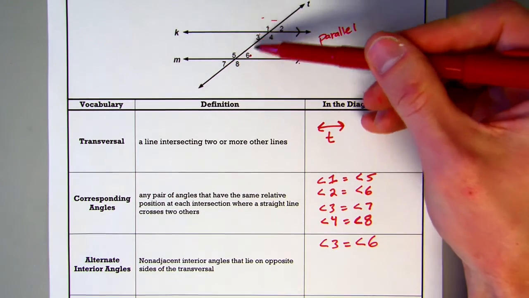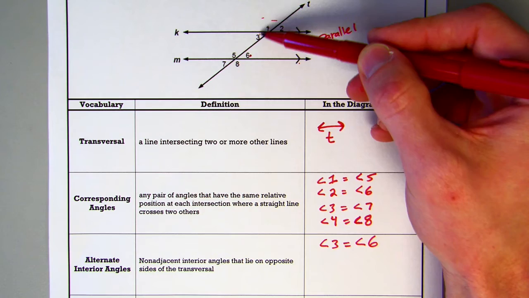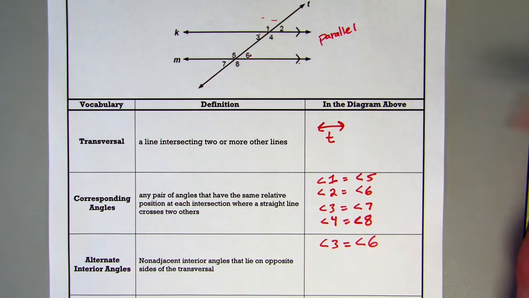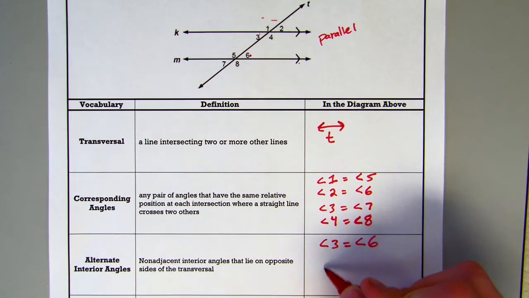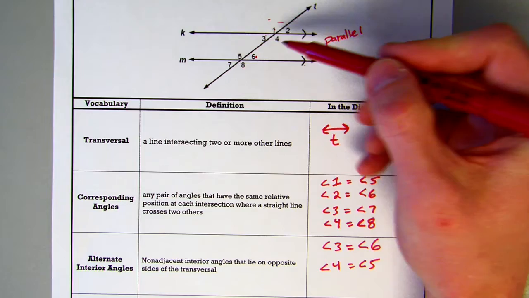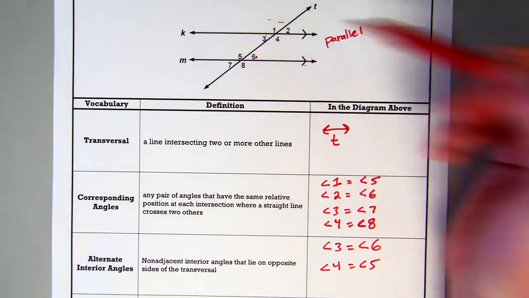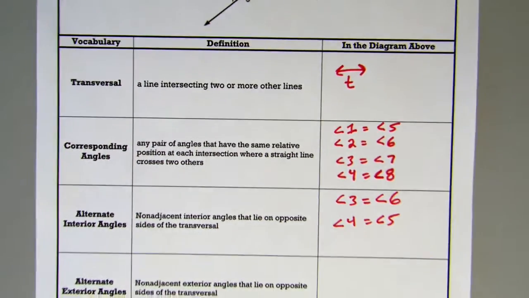If you look at angle 3 and angle 6, they look very similar. They have the same measurement, and they are equal to each other. The other two interiors we have are 4 and 5, and those are the same way. Those are also equal. They're not adjacent, and they're on the opposite side of the line.